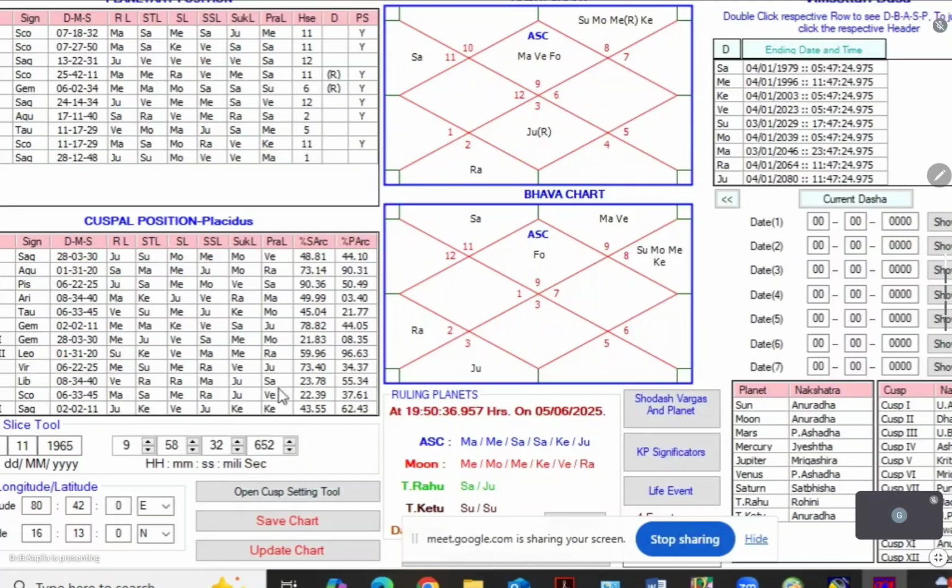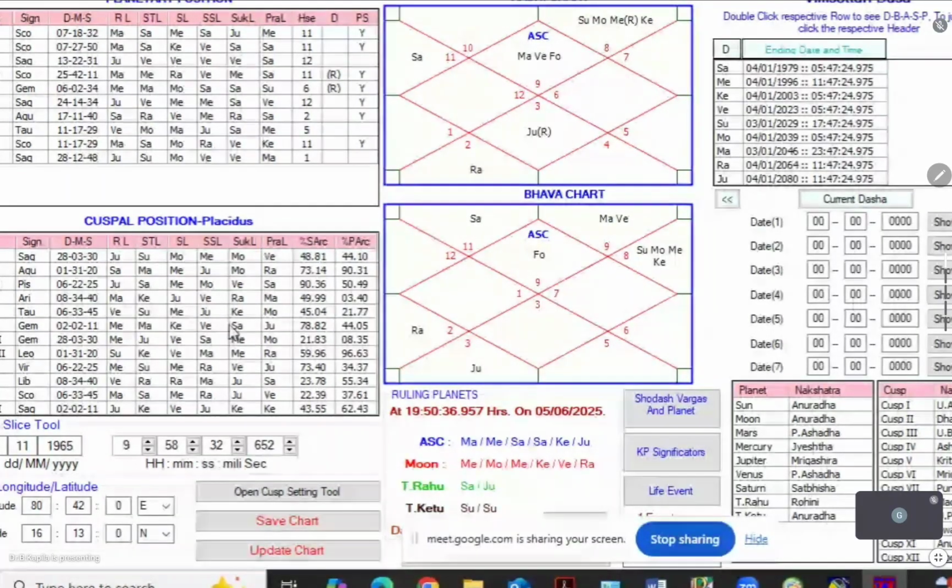For this purpose, the rule is that the progressed ascendant sign lord, which is Saturn, should appear in the ascendant or in the eighth cusp. It should be a co-ruler of the ascendant or co-ruler of the eighth cusp of the relative.